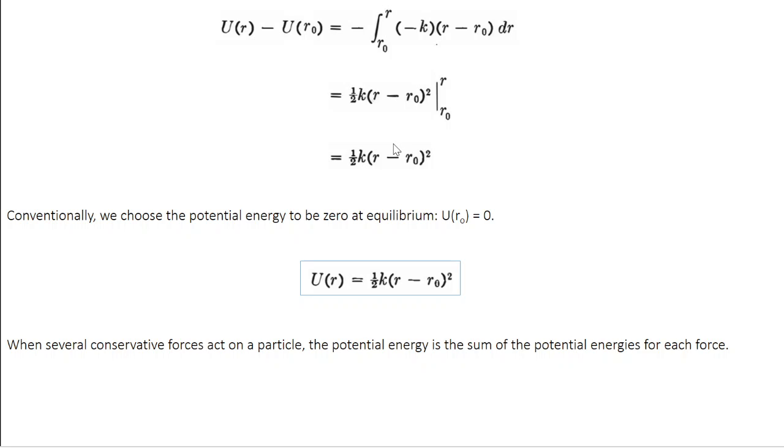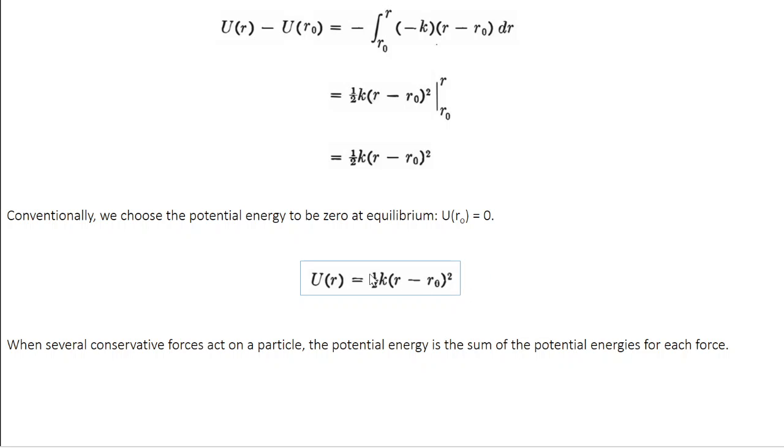Now by convention, the potential at equilibrium position is always taken as 0, because at equilibrium position the energy is minimum, so potential energy is taken as 0 here. So U of R0 equal to 0. So you get potential energy associated with the spring force as U of R equal to half K (R minus R0) square.